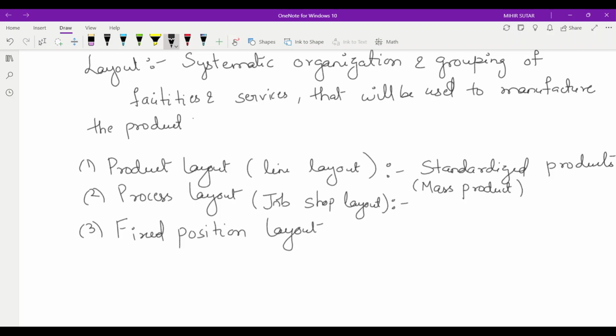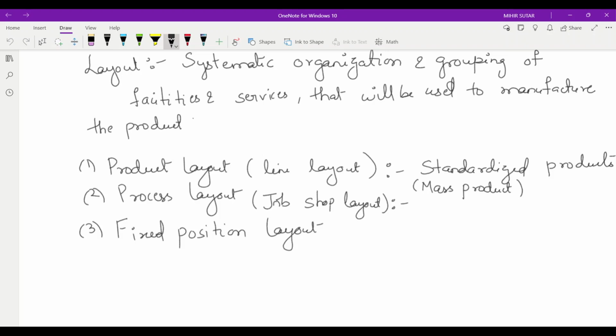That means material is supplied to a machine that conducts the first operation. There is no necessity that the second machine will be very near to the first machine. For the next operation, half processed goods are taken to some other machine, which may be located in some other part of the factory, maybe far away.